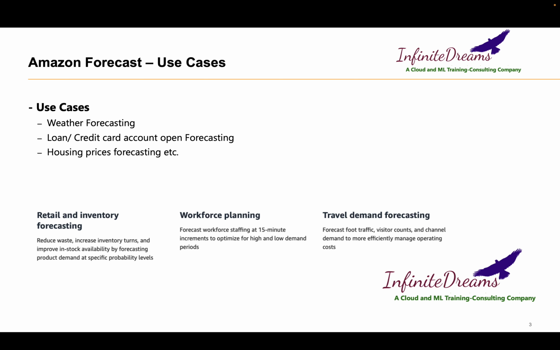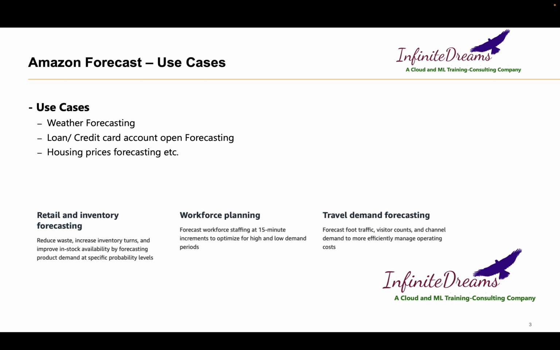There are a few more examples in the retail industry. One example is inventory forecasting, where a retail store wants to know how much inventory they need to buy for the next couple of months, so that they don't invest a good amount of money in inventory which is not going to sell. Next is workforce planning.